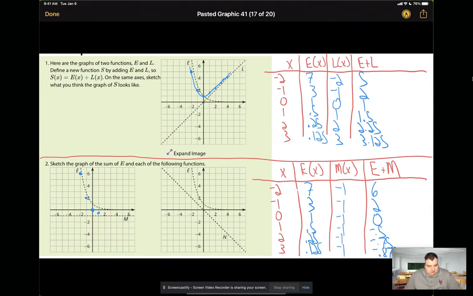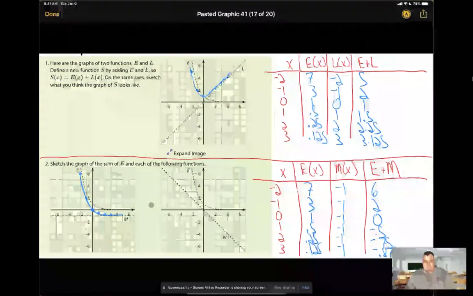Okay. At 2, I'm at -0.75, so that's going to be a little bit lower. And at 3, I'm going to be at -0.875. So my graph, once again, is going to be a curve that looks something like this right here. Okay, so that is my sketch for this first one right here.